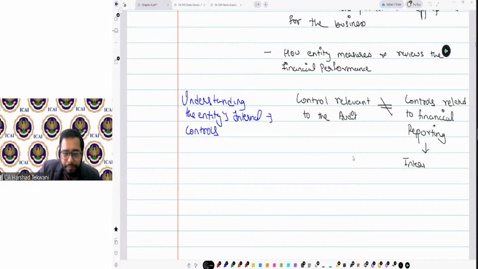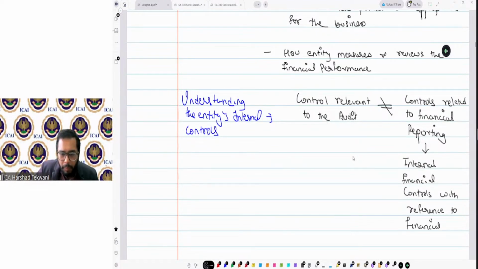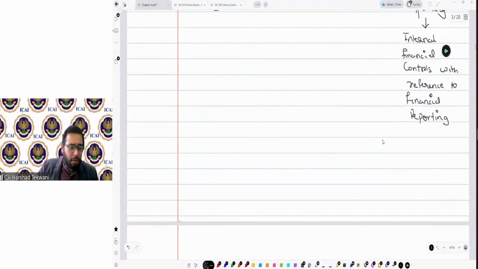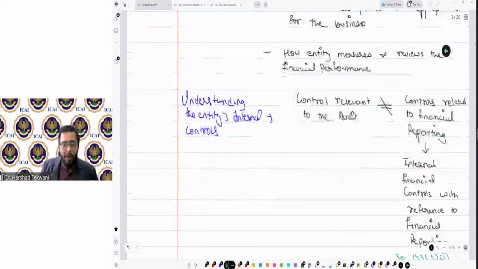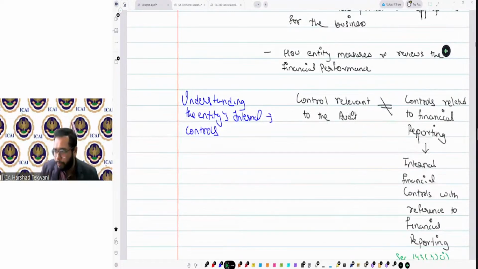That is internal financial control with reference to financial reporting. That is coming from section 143(3)(i).